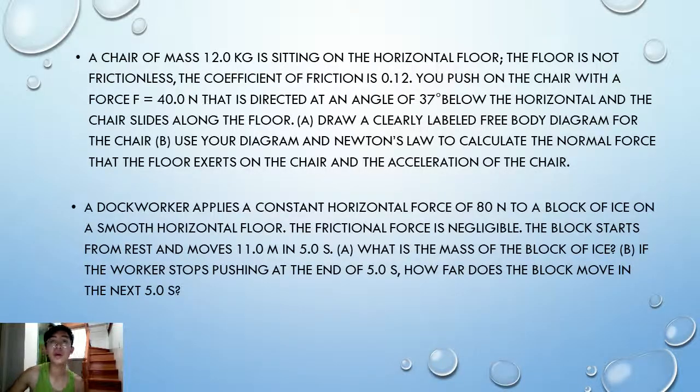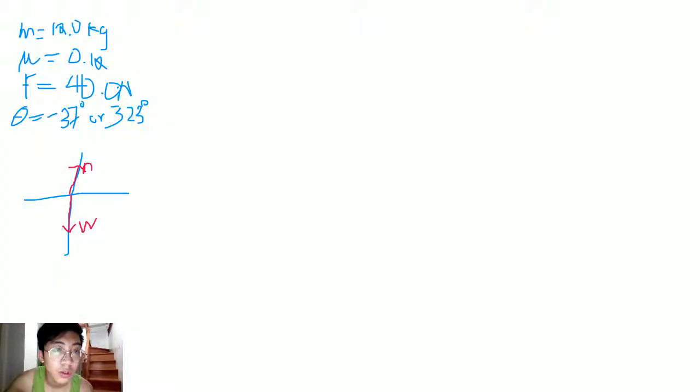Next, meron ka daw in-apply na force which is 37 degrees below the horizontal. So, itong force na to, ayan daw ay 37 degrees below the horizontal, which is F is equals to 40N.